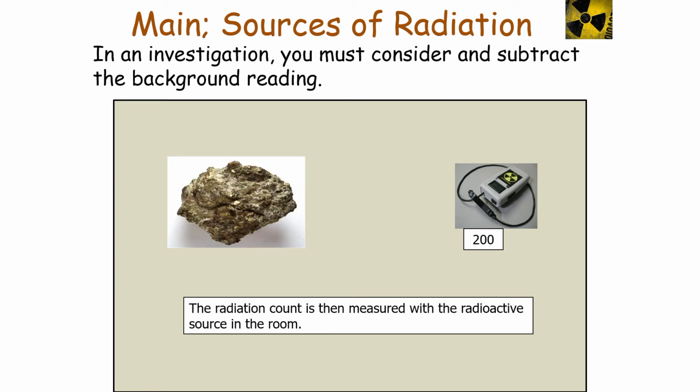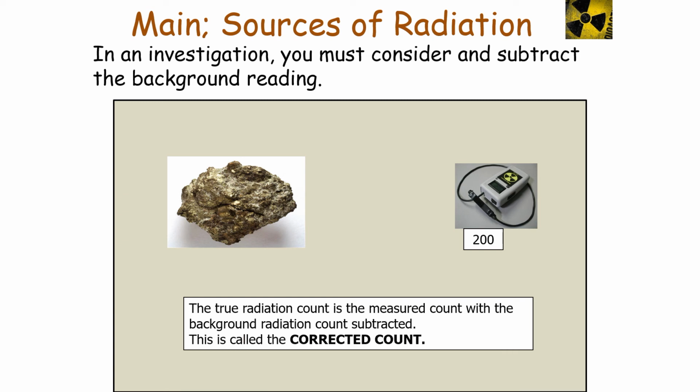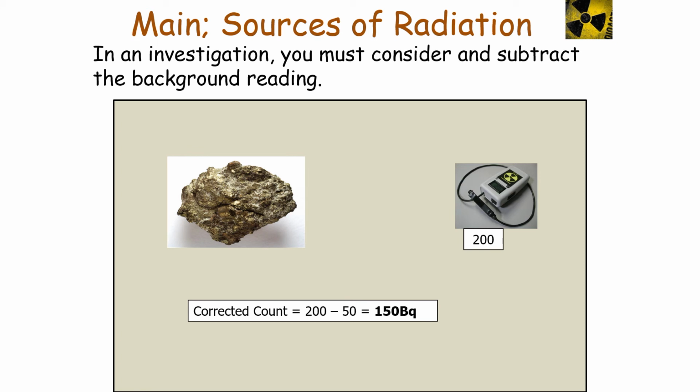Now the radiation count is then measured with the radioactive source in the room. The true radiation count is therefore the measured count with the background radiation count subtracted, which we call the corrected count. So for example, we could measure the count to be 200, but we then measure the background count to be 50, so therefore the actual value, the corrected count from the source, is 150 becquerels.